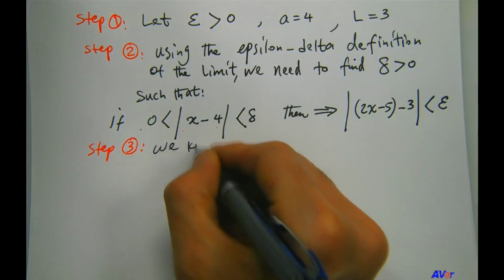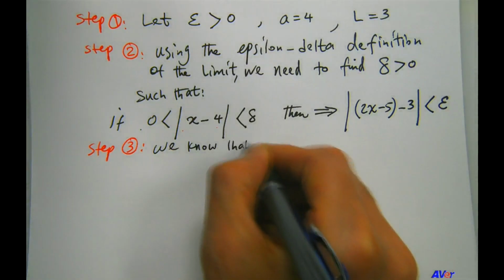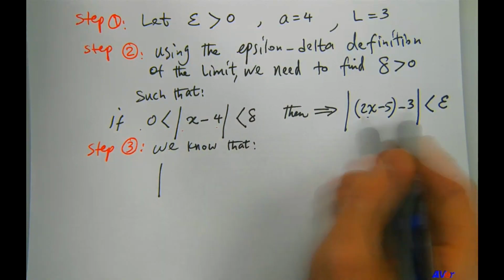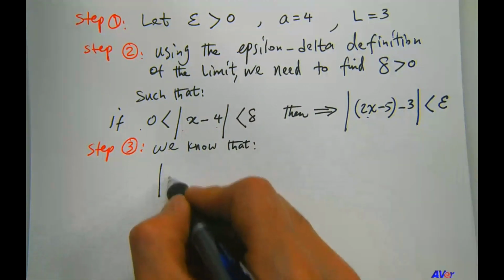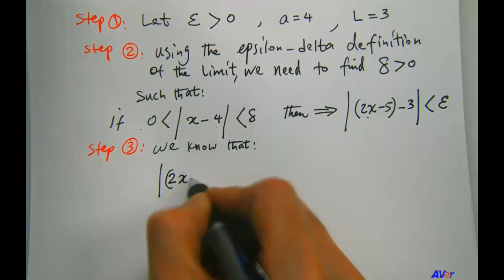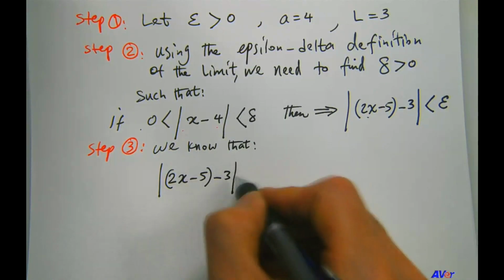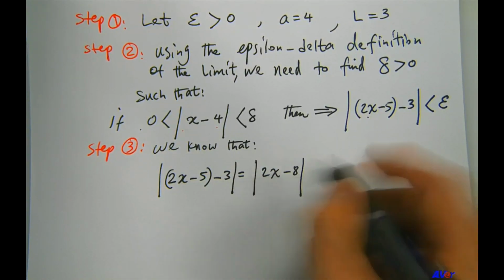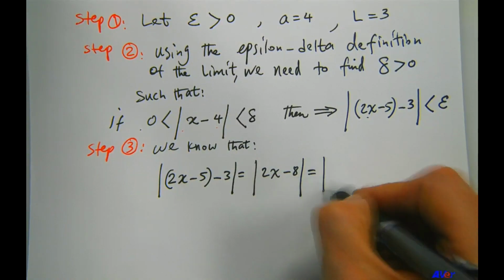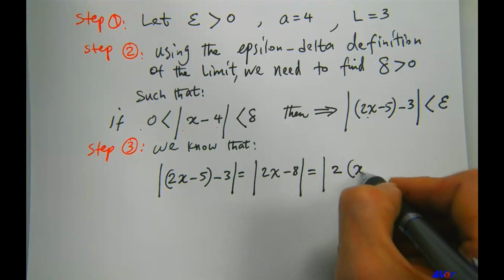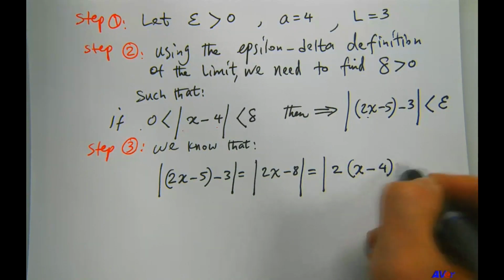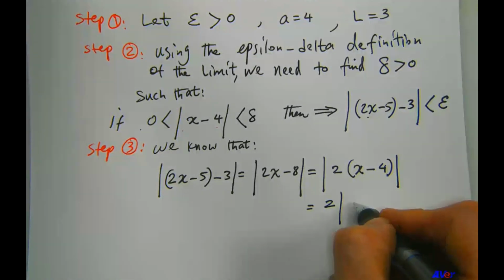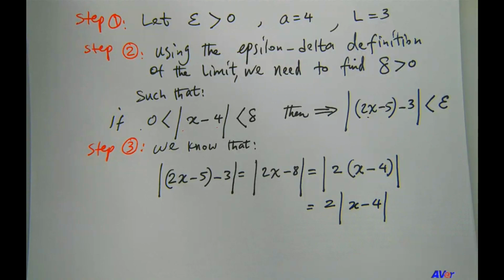Okay, step 3. So we know that the absolute value of this, we can simplify that, right? The absolute value of 2x minus 5 minus 3 is equal to 2x minus 8, after simplifying. And that is equal to the absolute value of 2 times x minus 4, which is equal to 2 times the absolute value of x minus 4, isn't it?